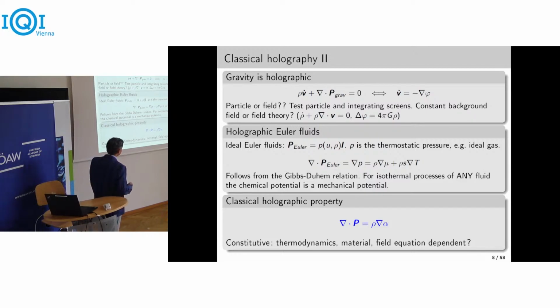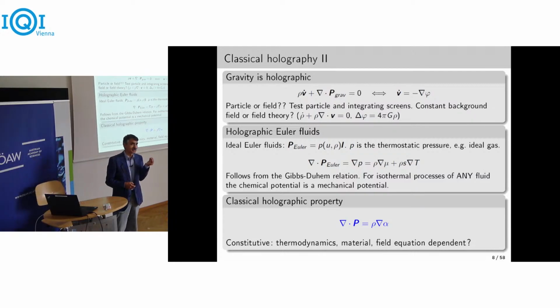So if there is a pressure whose divergence is rho times some gradient of something else, then the fluid will be called holographic, classically holographic, to distinguish it from the others. And of course, this is a material property or field property, a property of the field equations.